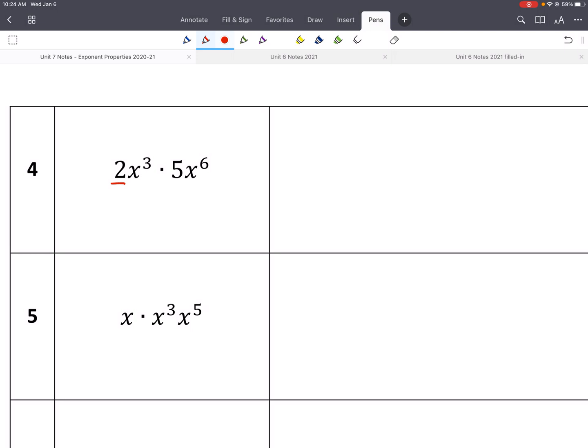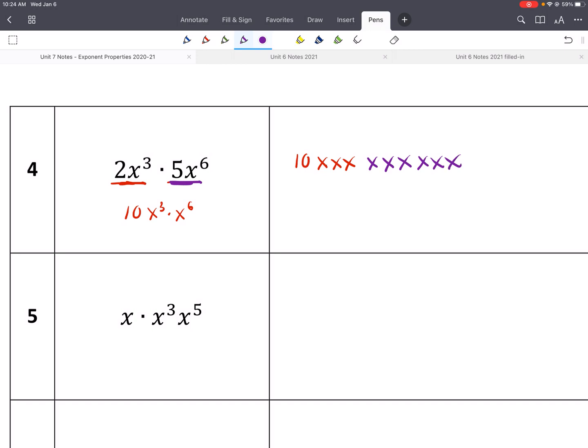Okay, so again, coefficients, they multiply as normal. So that's the same as doing 10 x to the third times x to the sixth. Okay, and if we expand it all out, we'd have 10, and we'd have 3 x's, and I'll have that be my red. And then maybe I'll do purple. Here we have 6 x's.